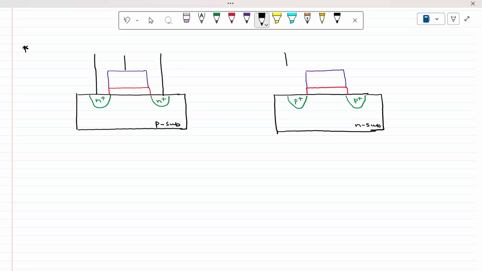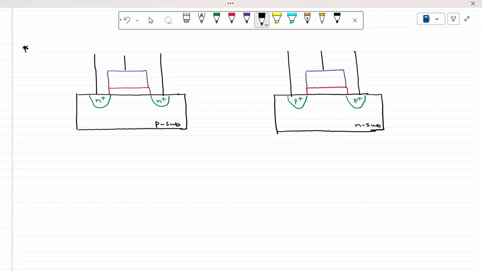Here also one terminal here. So assume that the body is the same as the source. Whatever potential is there for the source, the same potential is for the drain also. Assuming in that way, that's the reason why I'm not showing the drain potential.